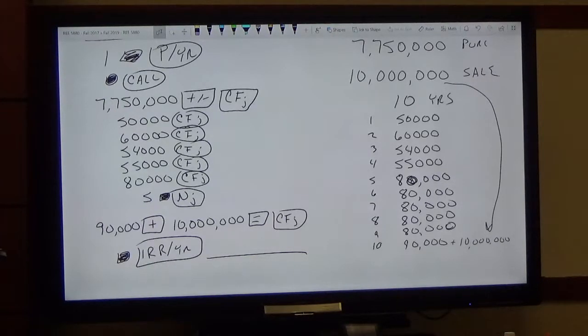I'd like to do that shortcut. 3.3873%. If you didn't get that, basically you just put something in wrong. Simple as that. And what's your decimal setting on your calculator? 9. Go negative on the 7 million.